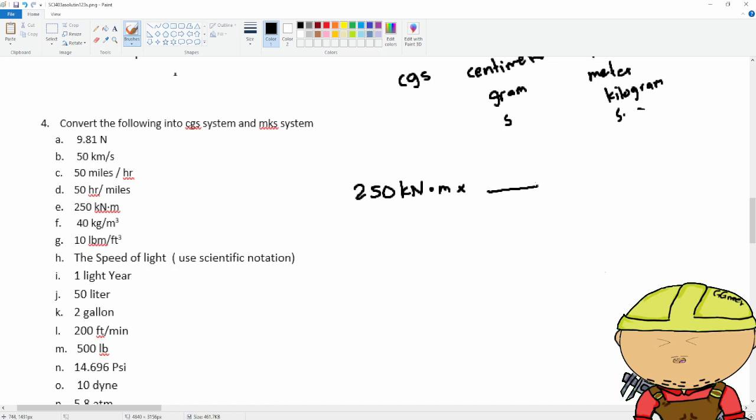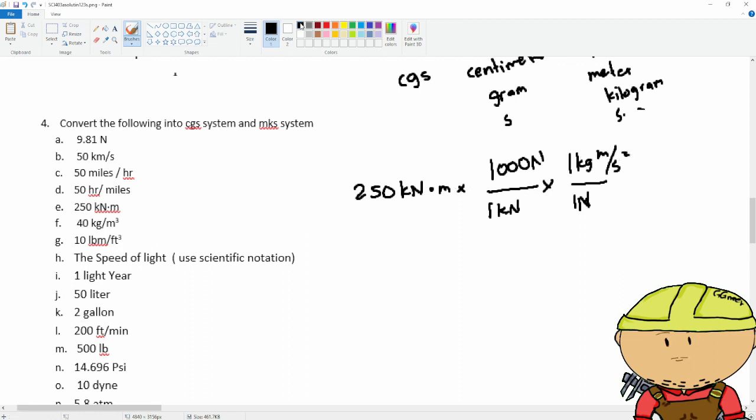Anyways, CGS and MKS again. This one has a prefix kilo. Let's convert this to Newton first. 1 kilonewton is 1,000 Newton, because kilo is 10 cubed. Then 1 Newton is 1 kilogram meter per second squared.